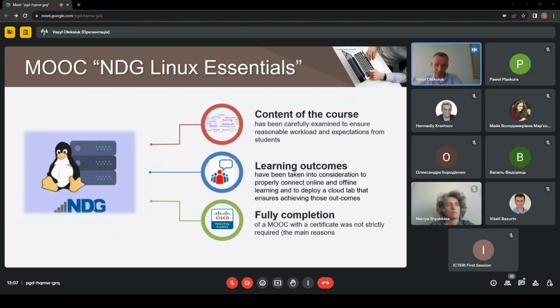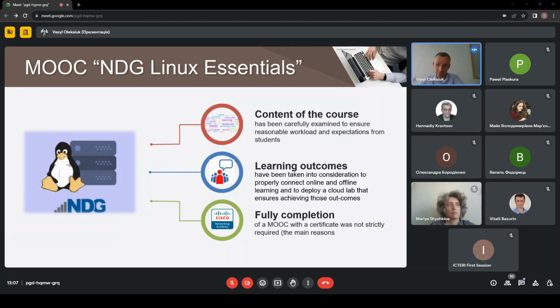Following the conclusions drawn from the study of scientists from Zagreb University, certain actions have been taken. For example, the content of the course has been carefully selected to ensure a reasonable workload and expectations for students.